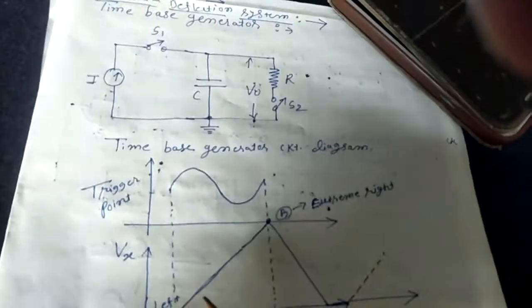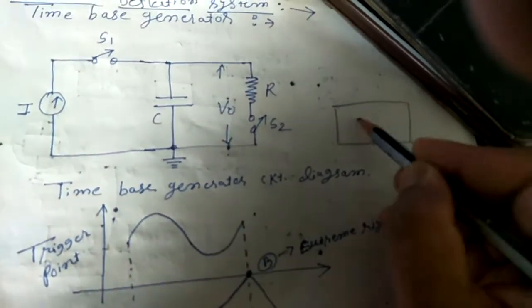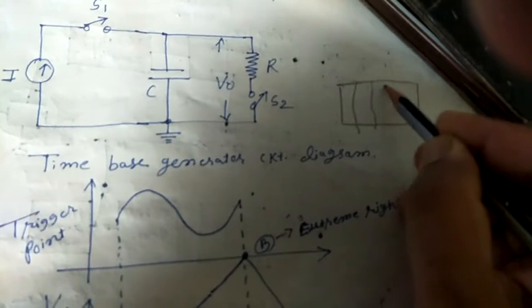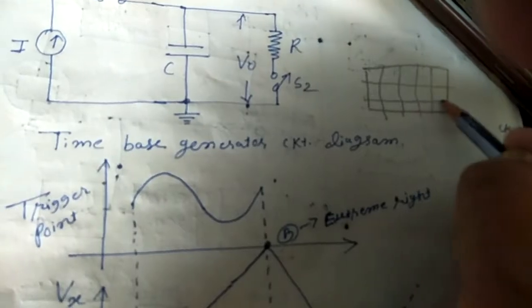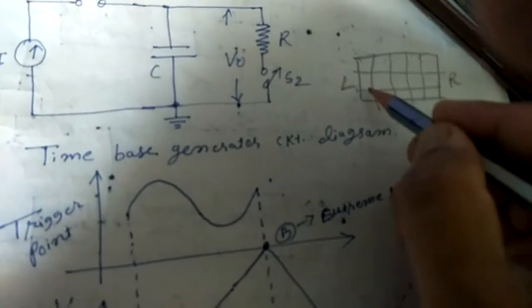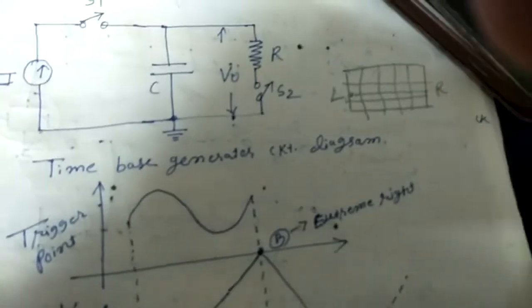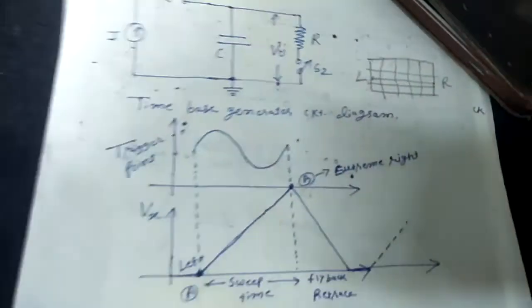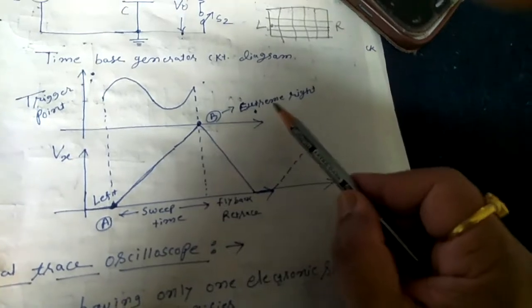In the horizontal deflection system, if this is the screen, this is the left direction and this is the right direction of the screen, and your spot will travel from left to right. So this is the horizontal deflection. From this graph, this is the left extreme point A and B is the right extreme point.